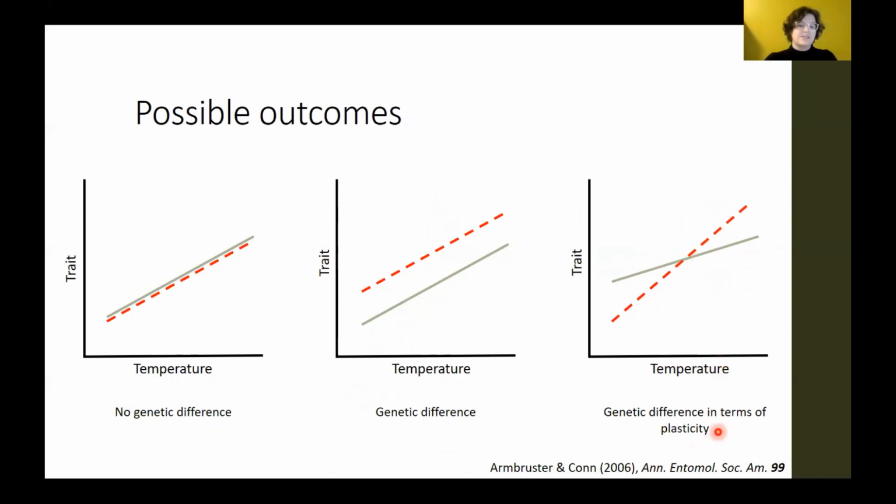There is a genetic difference, but also the two populations respond differently to the temperature from each other. So in this case, there is a genetic difference in plasticity, meaning that, for example, this population has a much higher slope than these ones. Based on some literature, we can actually expect one of these things to happen also in my research.